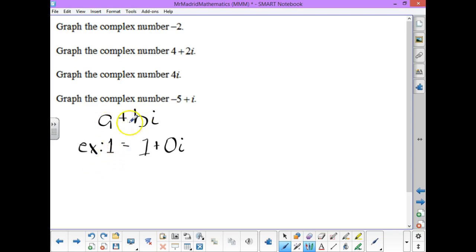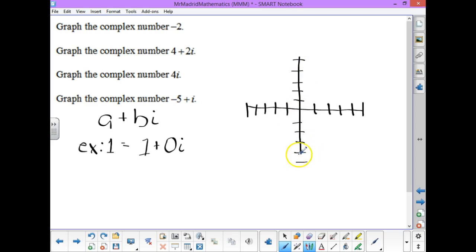Anyways, I don't want to deviate too much, so let's get back on track. One thing I'm going to encourage you to do, as soon as you hear graph the complex number, is to draw your own little graph here: 1, 2, 3, 4, maybe 5, in each direction. Now the next thing you want to do immediately is identify that this is your real axis and this is your imaginary axis.